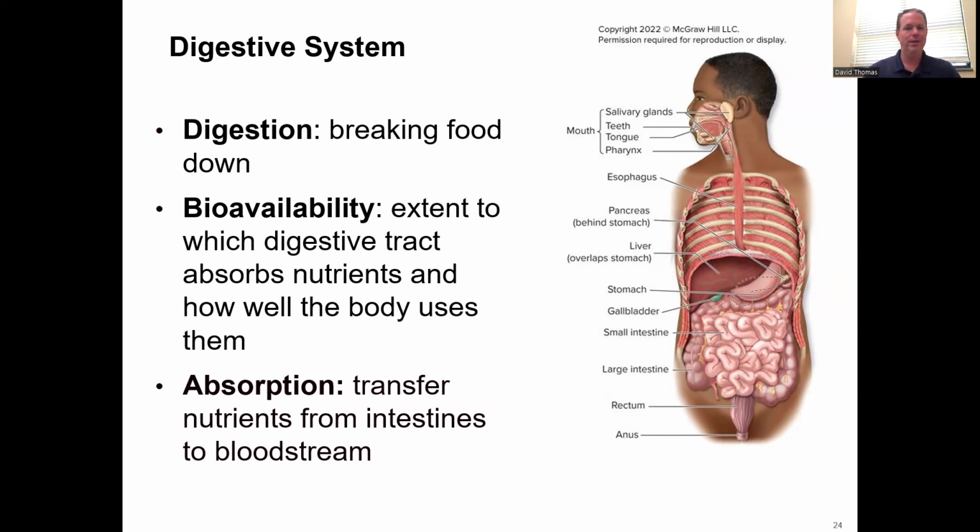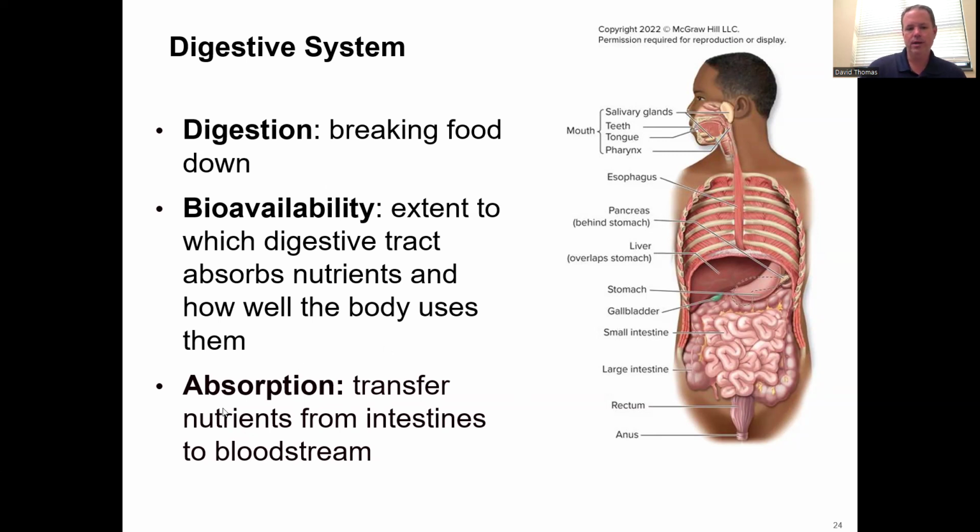Like in the next chapter, we'll look at carbohydrates. When you take a complex carbohydrate and you chemically break it down, you're breaking it down into smaller and smaller sugar units. Or a protein, you break that down into smaller and smaller portions called amino acids. And so that's all a part of the digestive process.